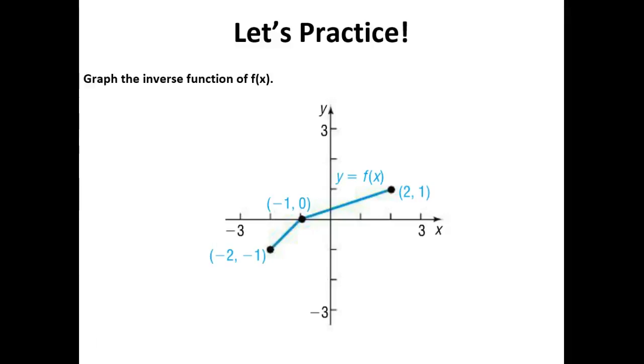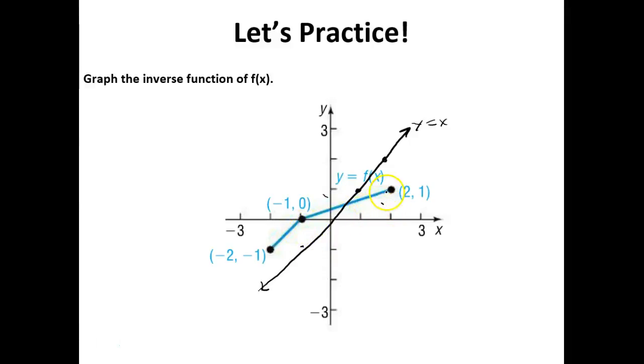So, practicing, if we wanted to graph the inverse of this function here, what we would want to do is first graph the line y equals x. When I graph the line y equals x, that line would look something like that. The inverse is folded across this line.